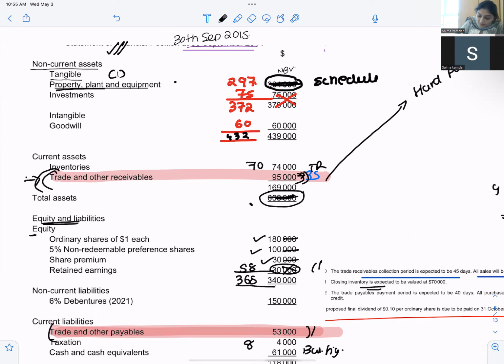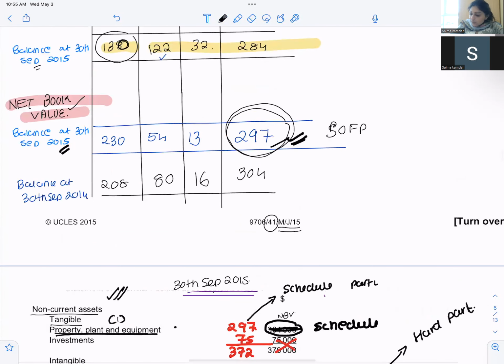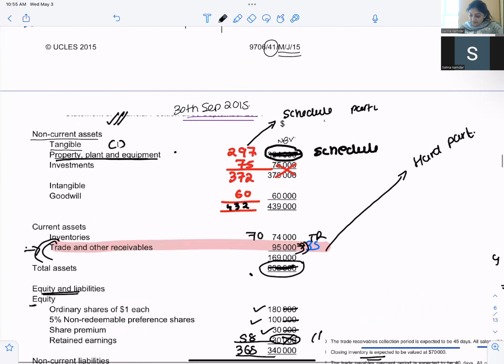Then you will write your property, plant and equipment, and this amount you will get from the schedule that you have made in part 2 of the video, like the net book value at the end of 2015. Then for investments, because no information was given to us, we will take it as the same amount. Then we'll write the intangible, the goodwill, and you will get the amount for your non-current assets.